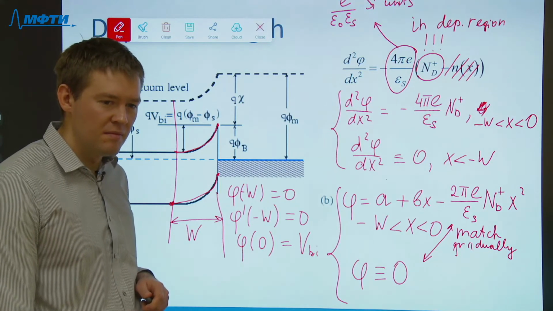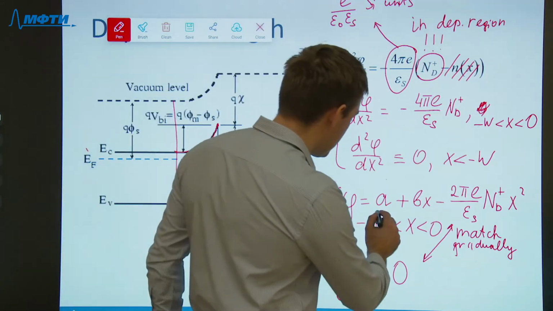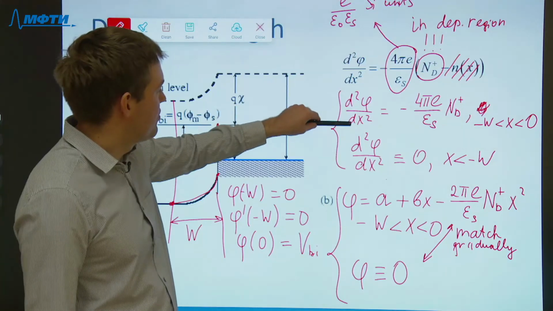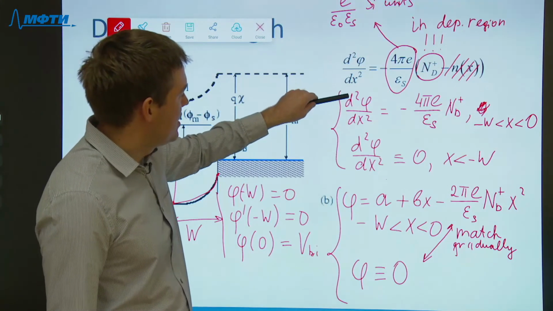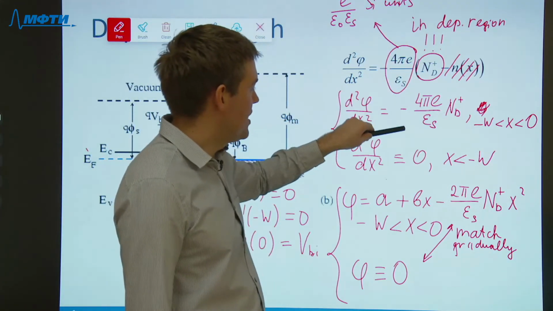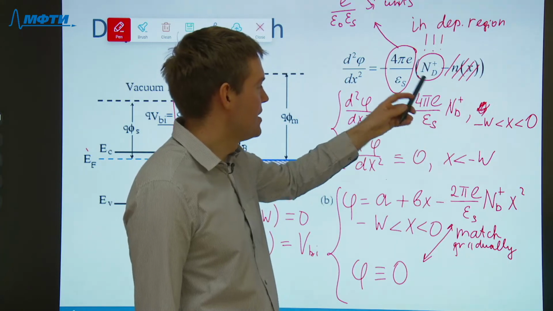We had a simplified equation for electric potential: the second derivative of potential with respect to coordinate equals the density created by positively charged donors.